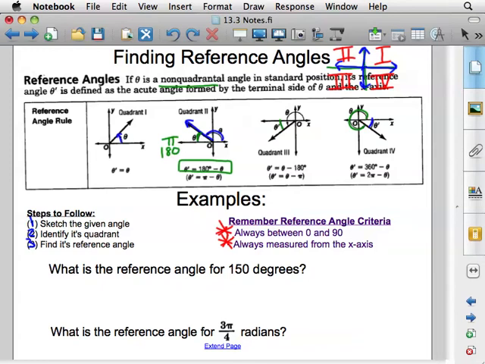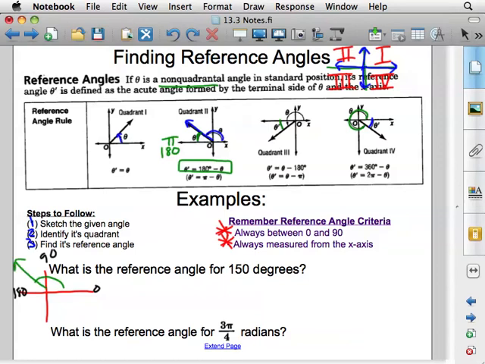Okay, so for example, if we want to find the reference angle for 150, first, let's sketch it. So 150, we've got 0, 90, and 180. 150 is going to wrap around past 90 and into our second quadrant. Here's our terminal ray.